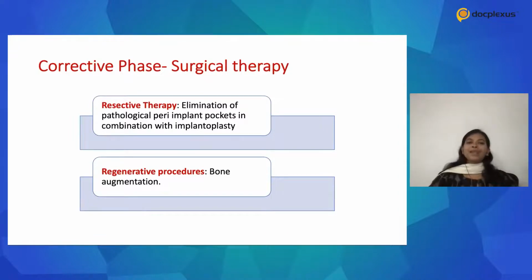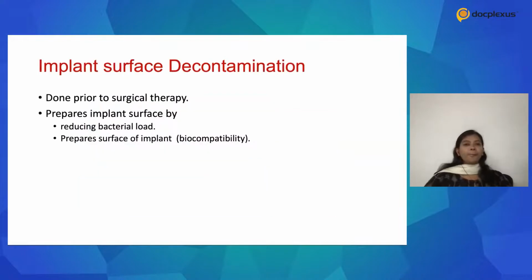Next, regenerative bone procedures can be done when there are, say, class 1 defects, which are mostly class 1 C type, D type, and also E type. When there is a good amount of bone present, when there is a contained type of defect, you could very well go ahead with the regenerative procedure.